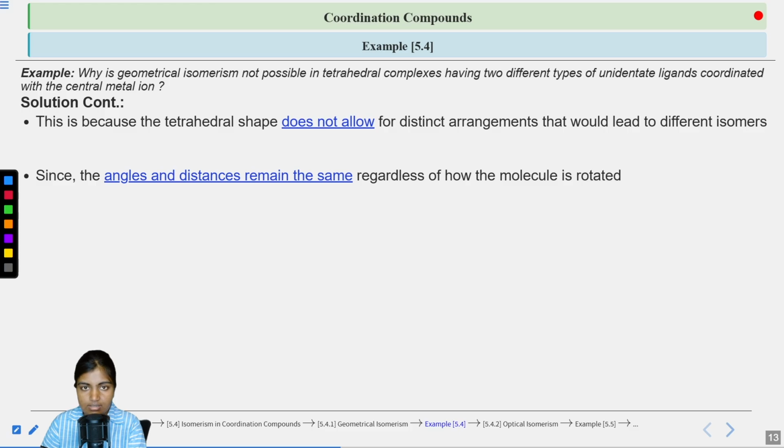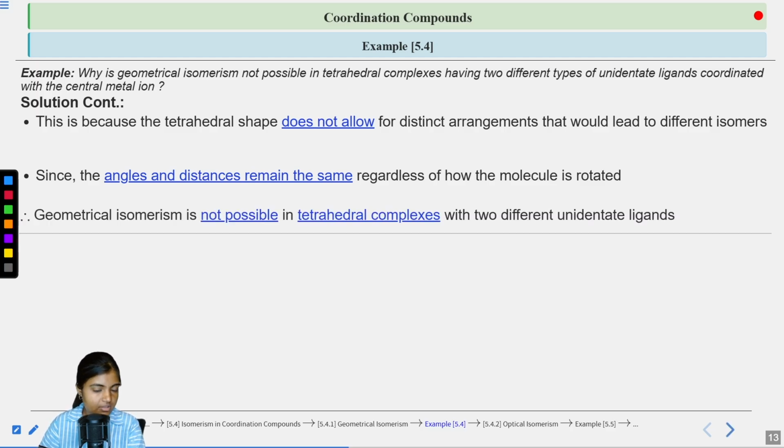Since the bond angles and bond distances remain the same regardless of how the molecule is rotated, geometrical isomerism is not possible in tetrahedral complexes with two different unidentate ligands. So this is the correct reason why geometrical isomerism is not shown by tetrahedral complexes having two different types of unidentate ligands coordinated to the central metal atom.